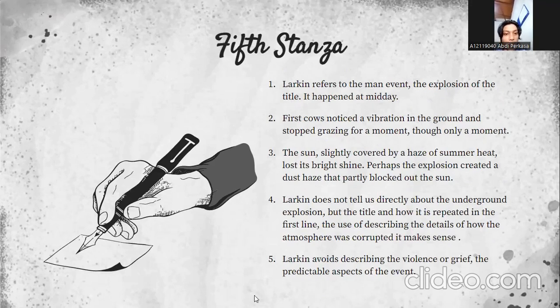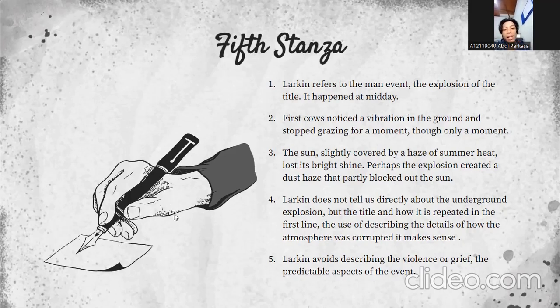In the fifth stanza, Larkin refers to the main event, the explosion of the title. It happened at midday. First, the cows noticed a vibration in the ground, and they stopped grazing for a moment. It took only a moment. The sun, slightly covered by a haze of summer heat, lost its bright shine. Perhaps the explosion created a dust haze that partly blocked out the sun.